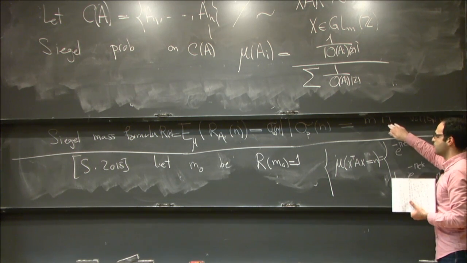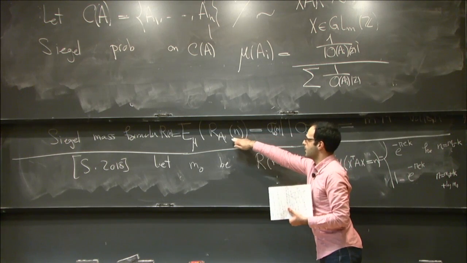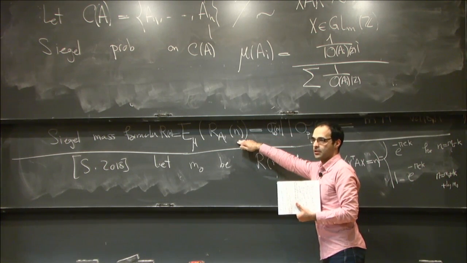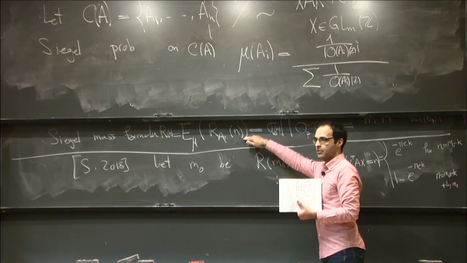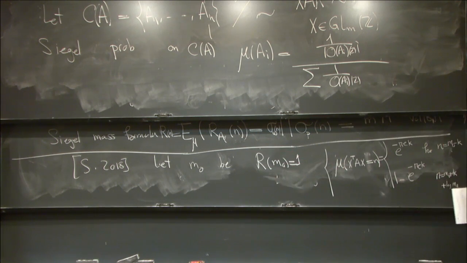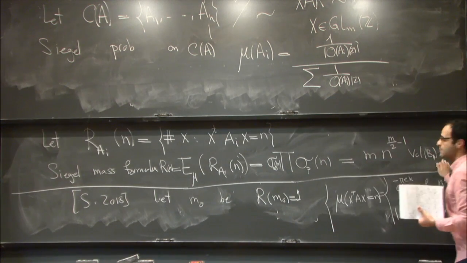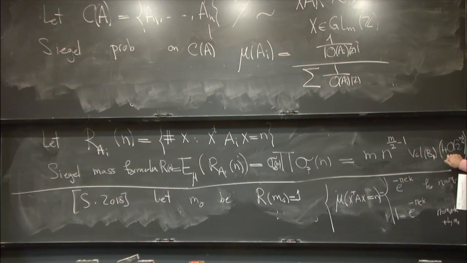I'm just computing the expected value, and the expected value is bigger than the probability. I'm bounding the expected value. I have an explicit formula for that, so it's just the volume that's coming. You mean this exponential fact?